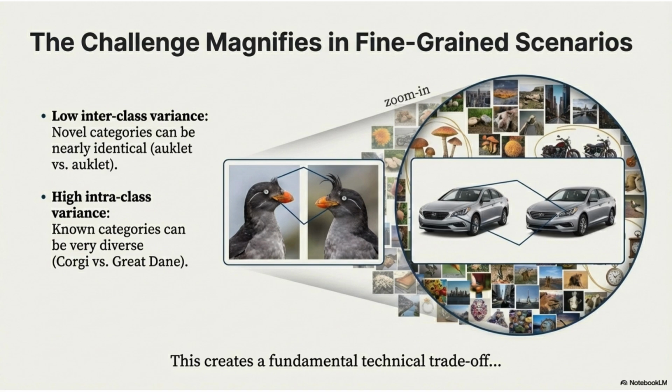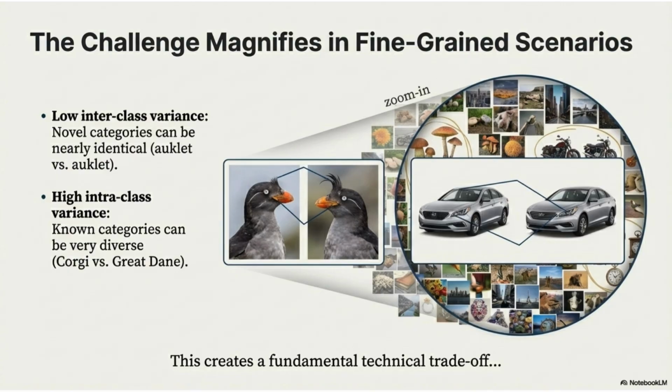Now, GCD becomes exponentially harder when we apply it to fine-grained scenarios. We are dealing with two specific statistical challenges here. Low interclass variance means different categories look very similar. For example, distinct bird species might differ only by the color of a beak or the shape of an eye.